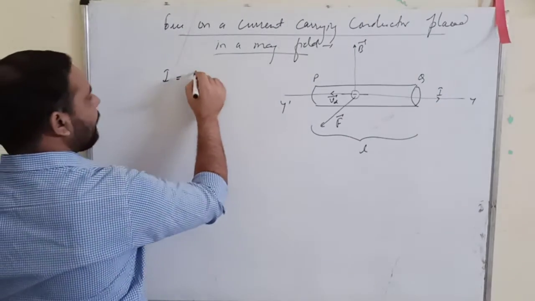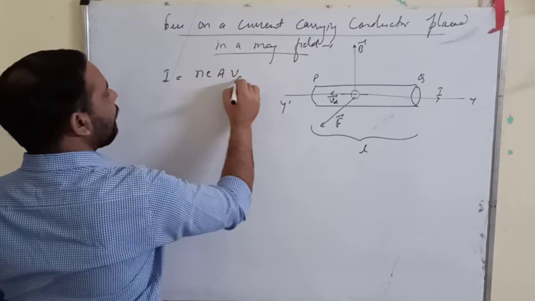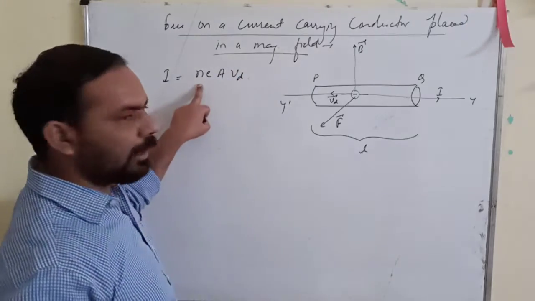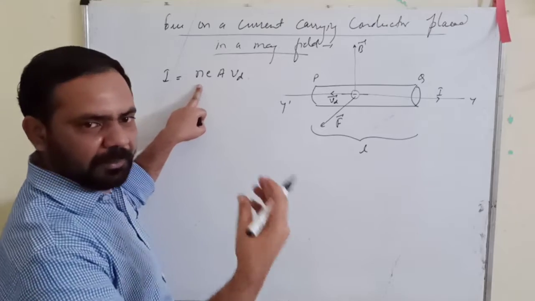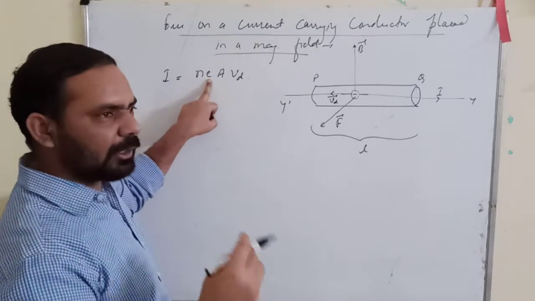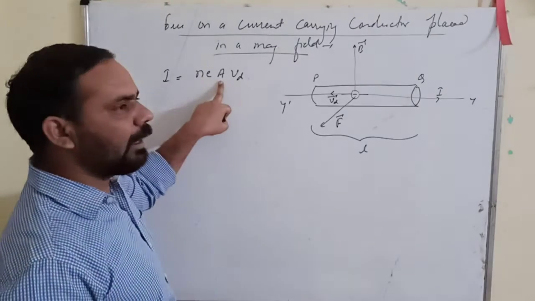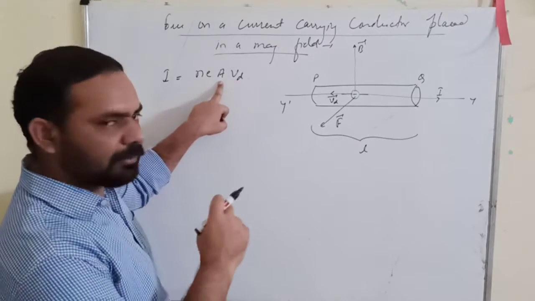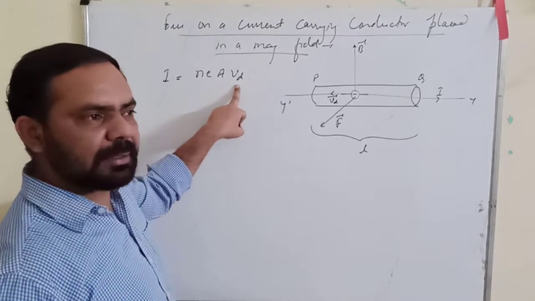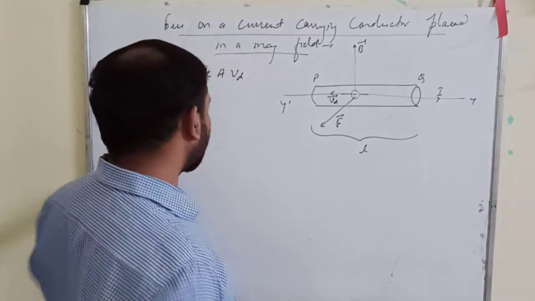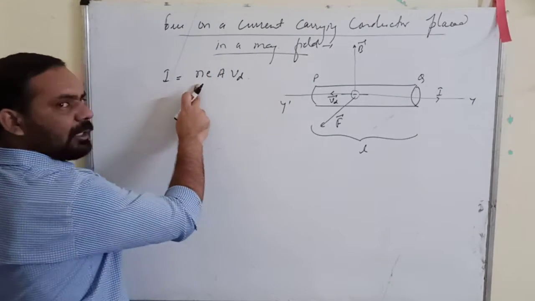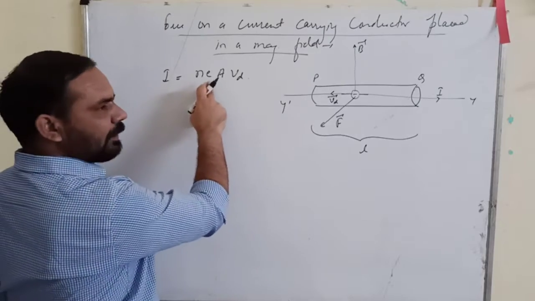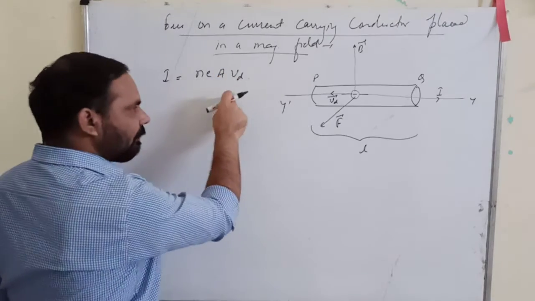We already have obtained the formula NEAVd. What is N? N is the number density of electrons in the conductor, the free charges. E is the charge of one electron. A is the cross-sectional area of the conductor, and Vd is the drift velocity. Once again I am repeating: the number density of free electrons, charge of electron, cross-sectional area, drift velocity.